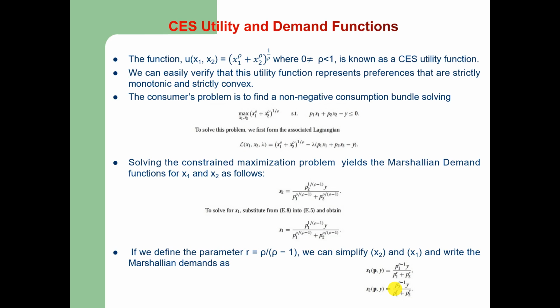So there is a little bit of difference between the Marshallian demand function in case of Cobb-Douglas and in case of CES. In case of Cobb-Douglas, the Marshallian demand function of x1 varies directly with the income and inversely with own price.